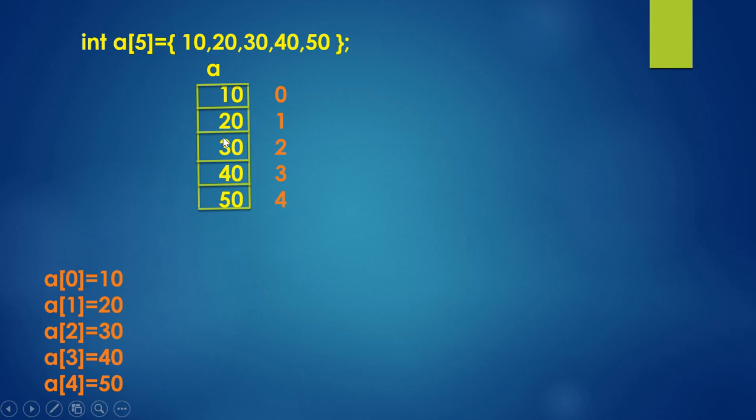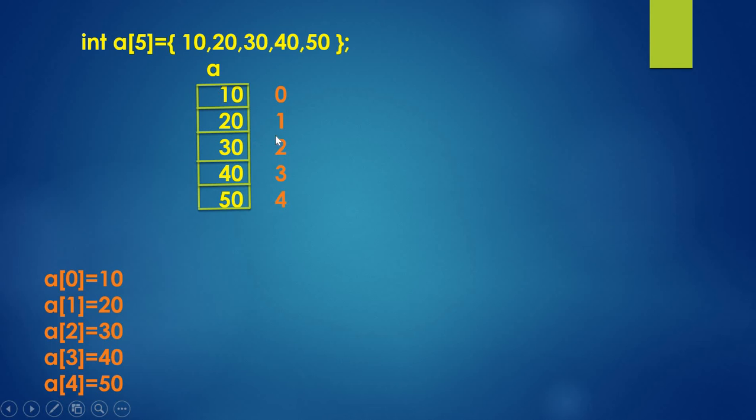Here, all the elements are of data type integer because it is an integer array. An array is a collection of elements having the same data type under the same name. See here, 5 elements are there, all the elements are under the same name A.